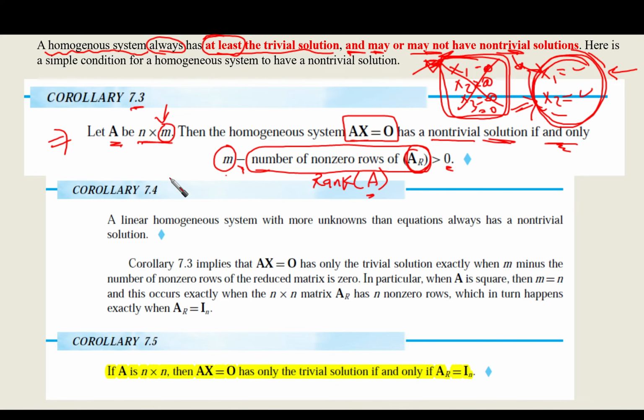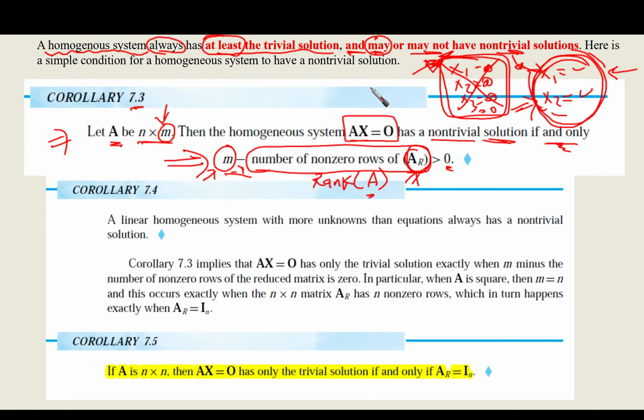That's very good. Now it adds to our knowledge the importance of the reduced matrix; it gives us a lot of information. From AR, if we know the rank of A or the number of non-zero rows in the reduced form, and of course we know m, the number of columns of our coefficient matrix, we can simply judge whether the system has a non-trivial solution or not, which is may or may not, as we put it here.